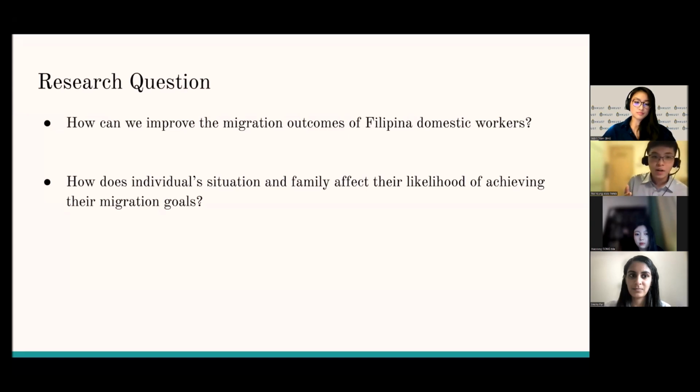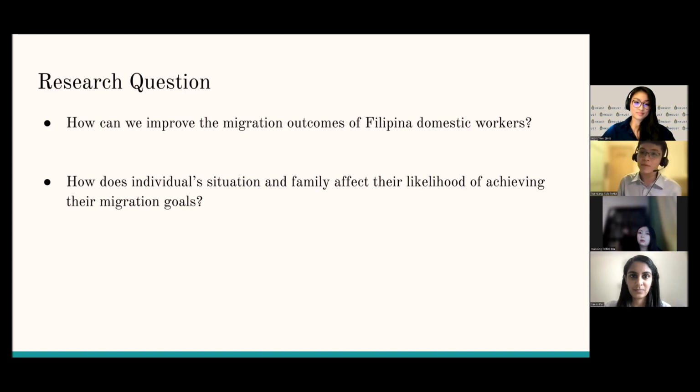The first one is, how can we improve the migration outcomes of Filipino domestic workers? How can we help them achieve their migration goals, whatever these goals may be? And the second one is, how does the individual situation and family affect the individual's likelihood of achieving their migration goals? As you can see, lots of these questions are highly linked to goals.